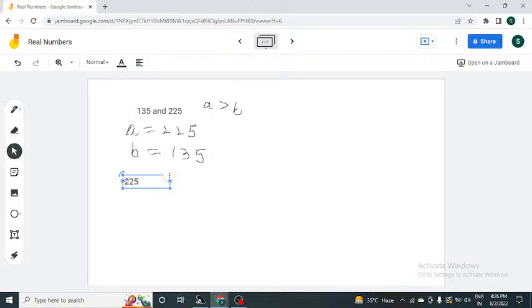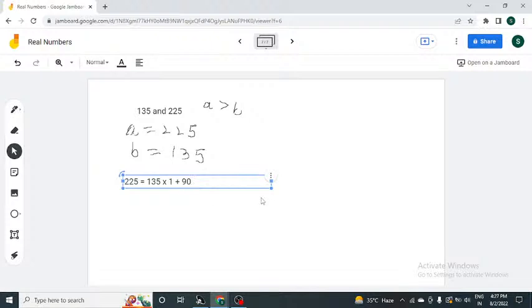So we'll write 225 equals, how many times 135 would you get 225? I think that would be 135 times 1. If you multiply 135 by 1, you'll get 135, and that's 90 less than 225.